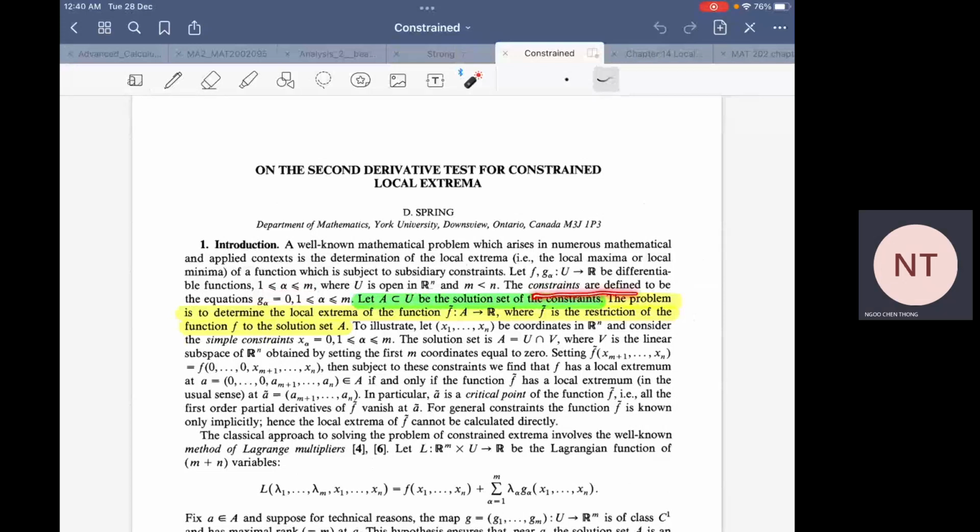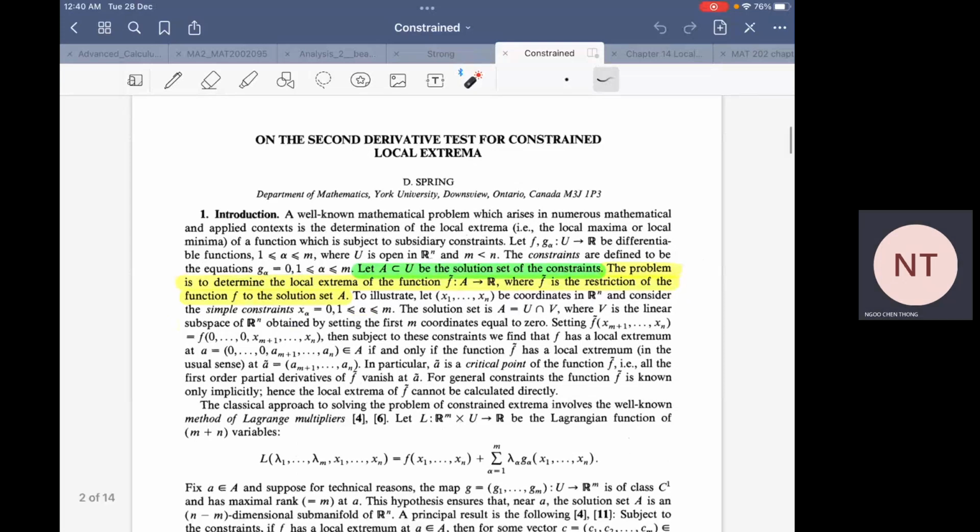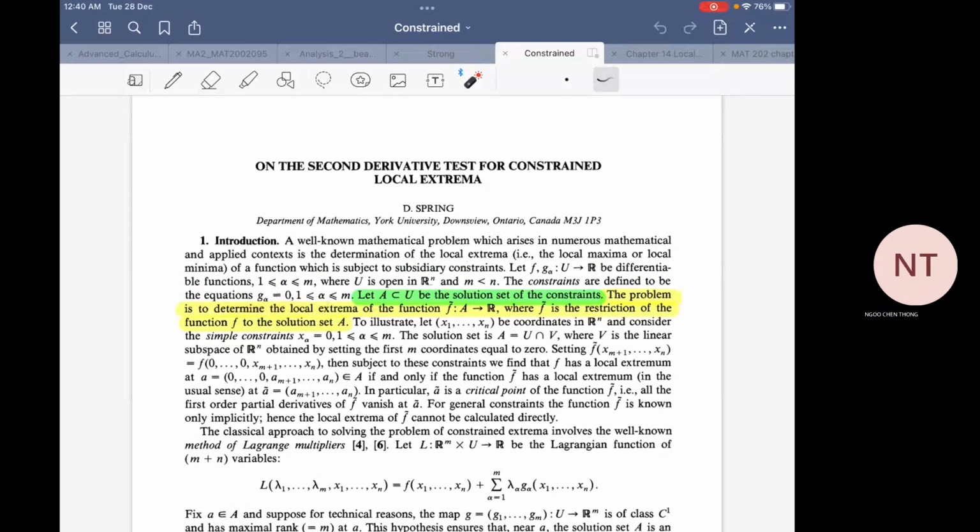The constraint is defined by the equation g alpha equals 0 for alpha from 1 to n. In this paper we will determine the local extrema for the function f restricted to the solution set A.